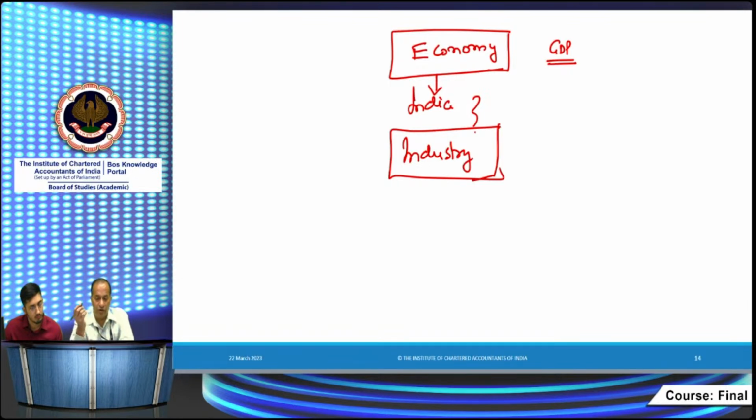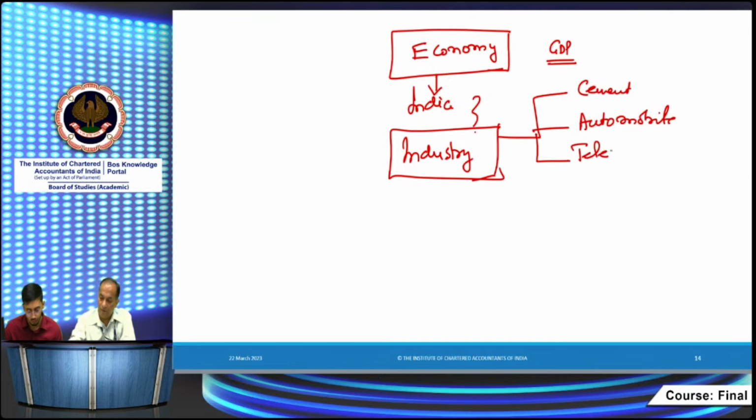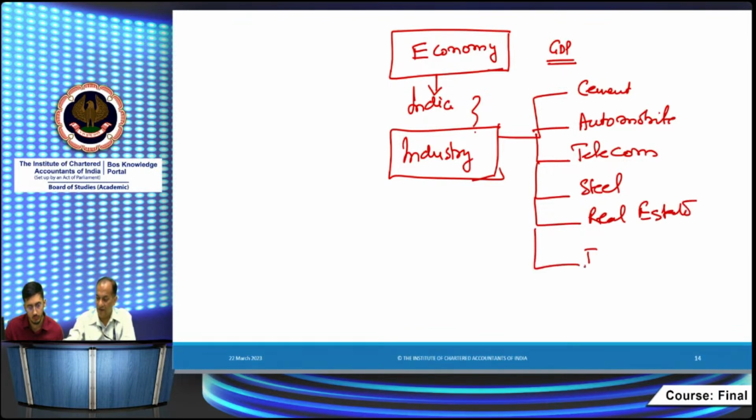Industry means a group of companies. So there can be n number of industries like cement, automobiles, telecom, steel, housing and real estate, IT, and others.